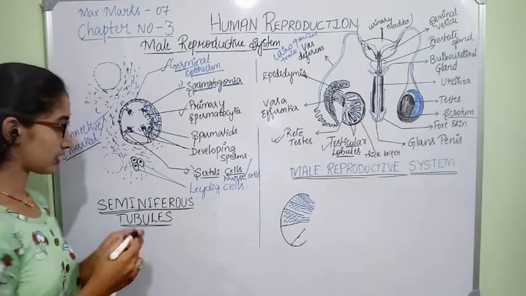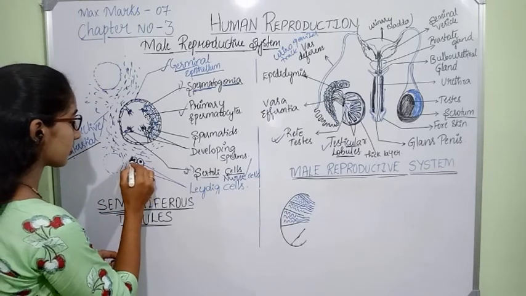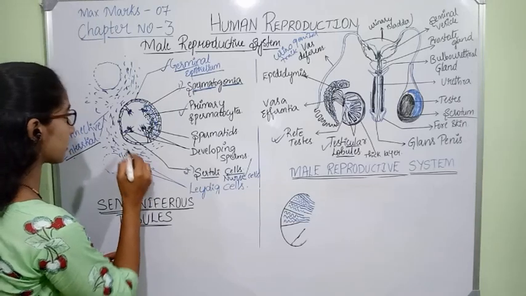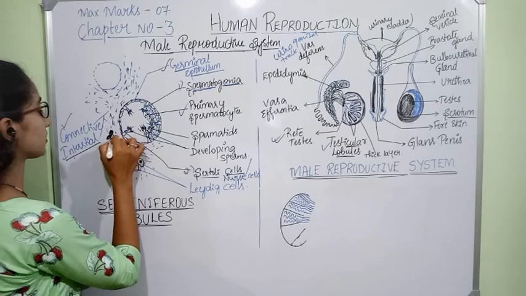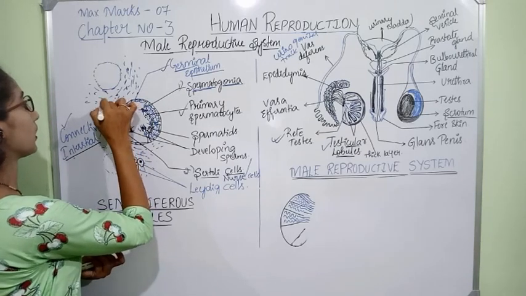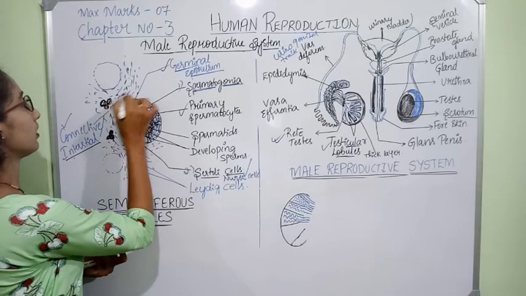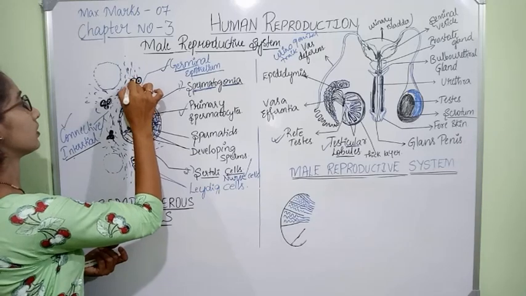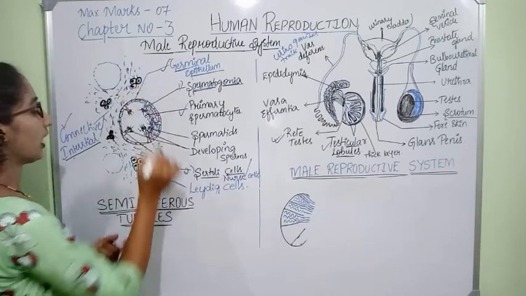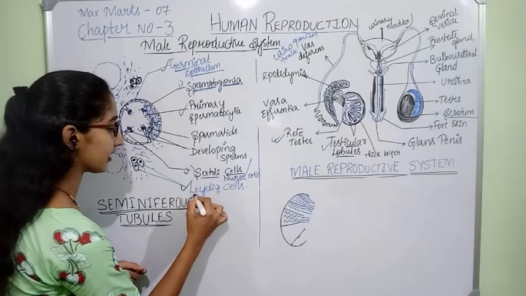And in the interstitial tissue, there is a deposition of cells at some intervals of space between the different seminiferous tubules, and those cells are called Leydig cells.